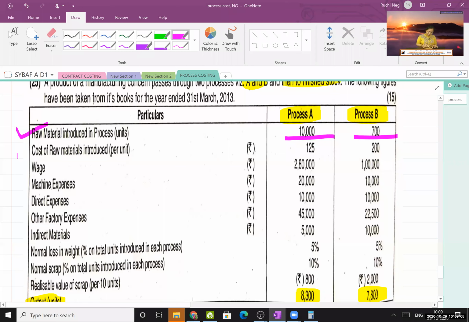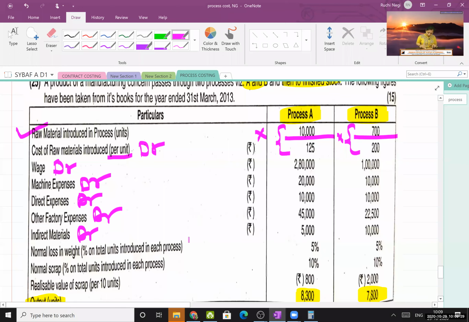Then cost of raw material is given per unit. So I will multiply. ये दोनों को मैं multiply करूँ. Wages debit. Obviously raw material also debit. Machine expense debit. Direct expense debit. Factory debit. Indirect material debit. Normal loss credit.